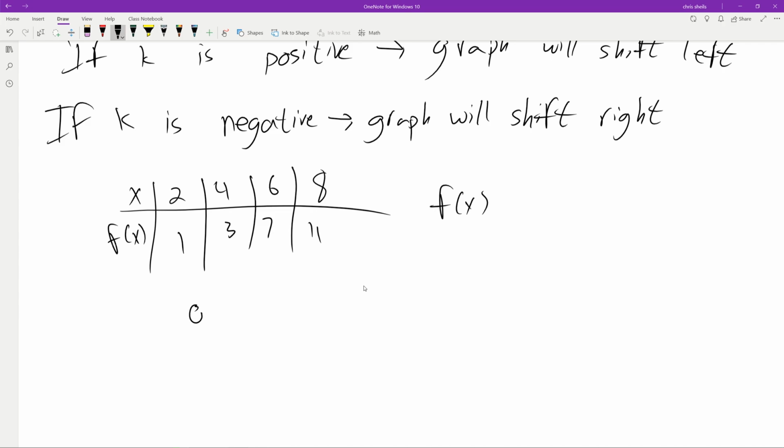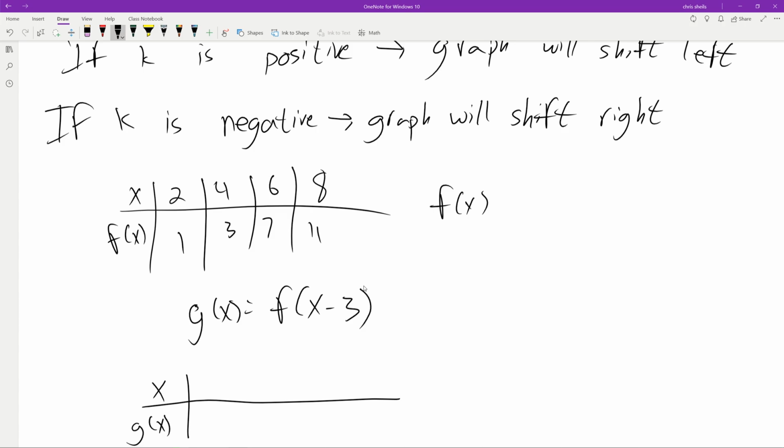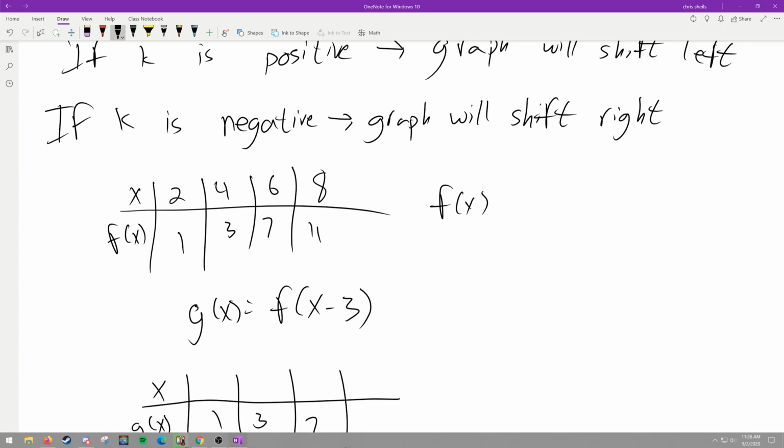Let's find a table for g of x, which we'll define as being f of x minus 3. Well, let's see. For my x values here, we'll figure out what that's going to be. I know that my g of x values, my outputs, are going to be the same as in my original function. My outputs are going to remain unchanged here whenever I'm talking about these horizontal shifts.